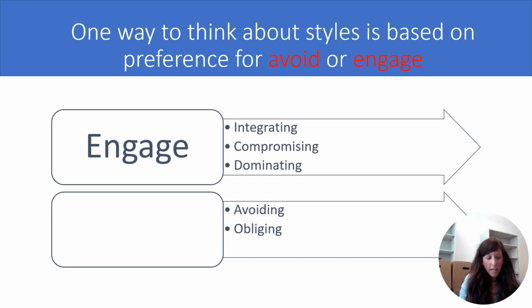And again, I want to point out that avoidance does not necessarily mean that you don't have concern for other. In fact, in some cases, there might be some real good reasons to use an avoidance strategy. There might be some advantages to that. Perhaps if you're using avoidance, you are actually giving everybody involved time to think of responses and what would be the best thing to do next.